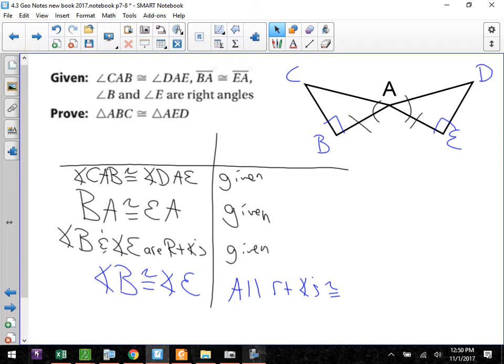No, because right angles are the only ones that have a square box. That's a good question. You don't have to mark them with double ticks. Do we have congruent triangles now? What's the method? Angle, side, angle. We have two angles and the side in between.